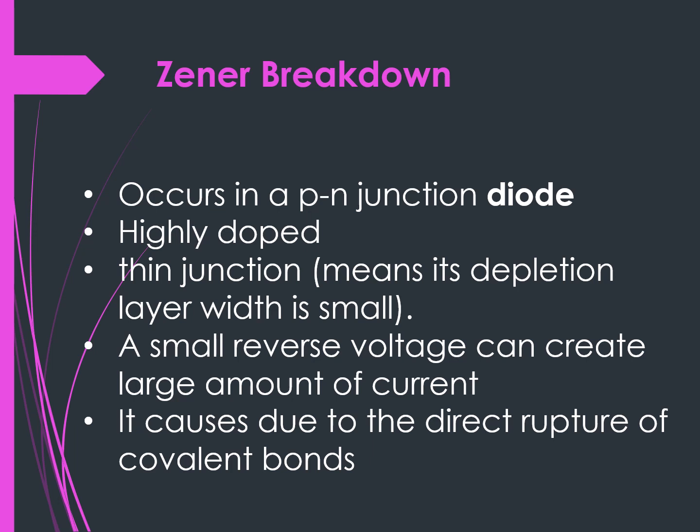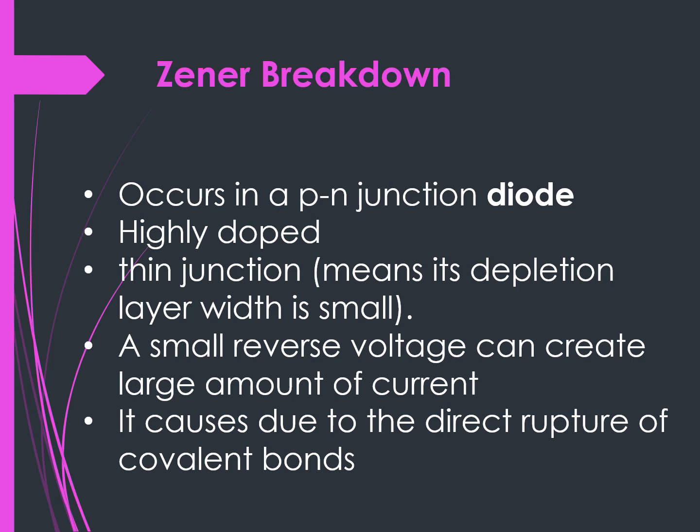Okay, Zener breakdown. When the external field is very intense, the electric field directly causes the covalent bonds to break and a large number of electron-hole pairs are produced. This causes a sudden rise in the current.